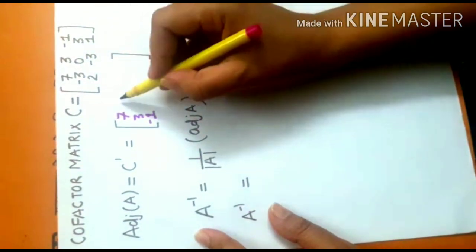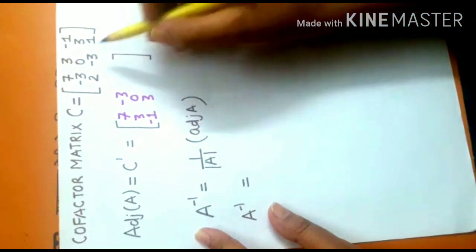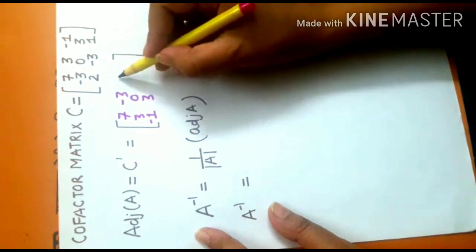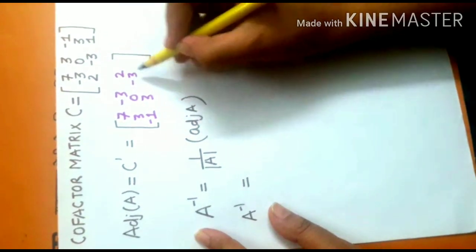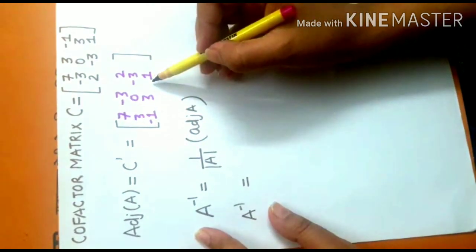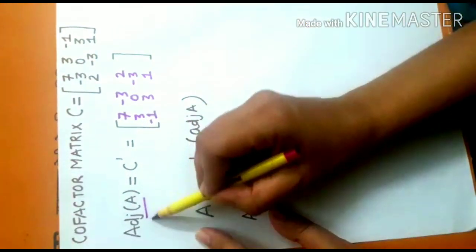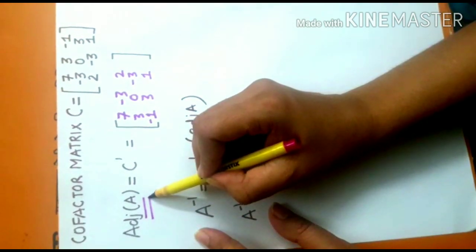Take the second row, make it the second column. Take the third row and make it the third column. So this is the transpose of the cofactor matrix C, and it is equal to the adjoint of the matrix A.